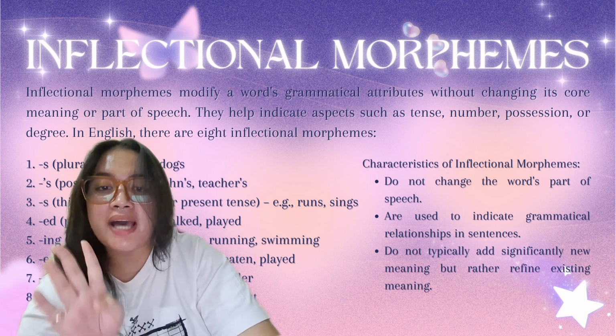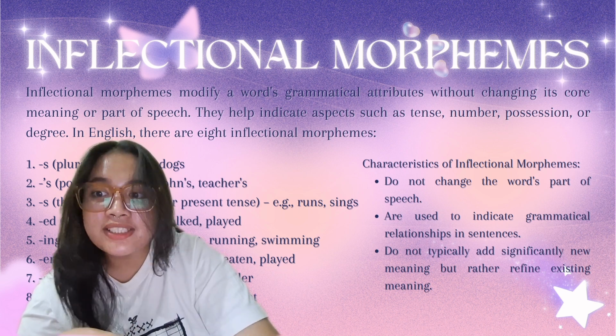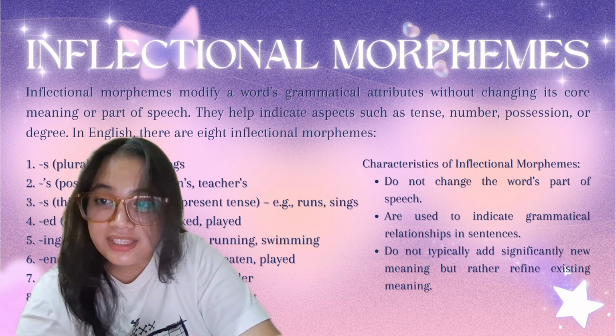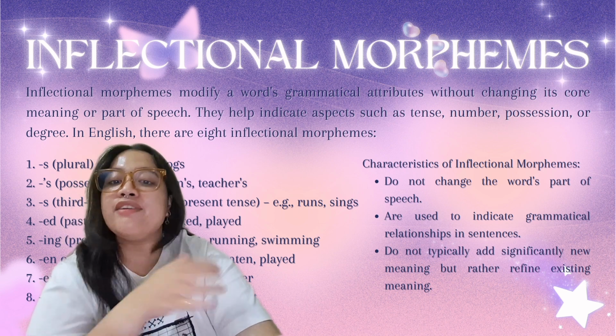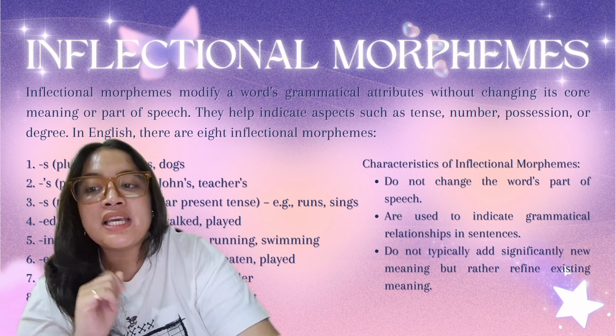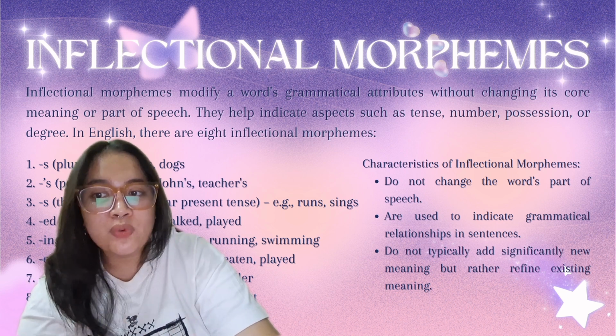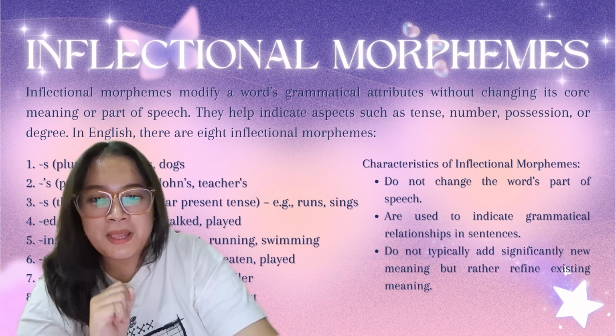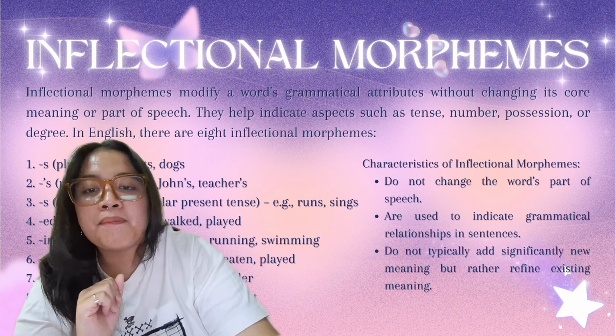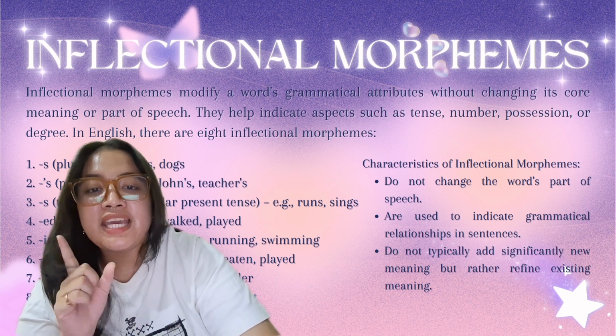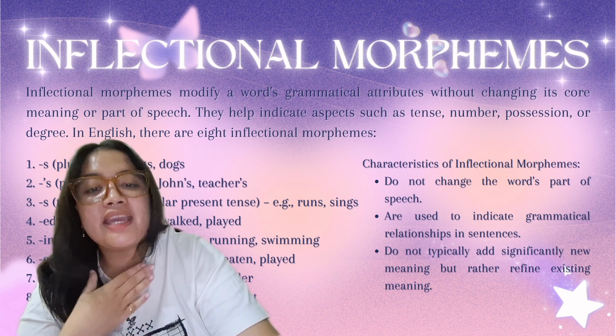Number 4, past tense. I walked yesterday. She played yesterday. Number 5, present participle. She's running right now. They are swimming right now. Number 6, past participle. She has eaten. I have played.